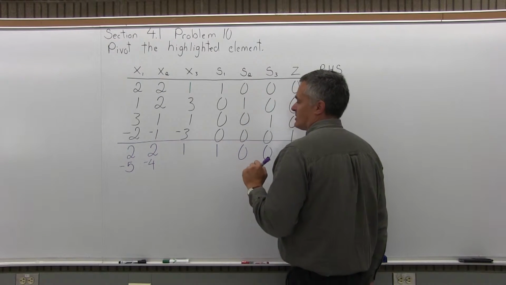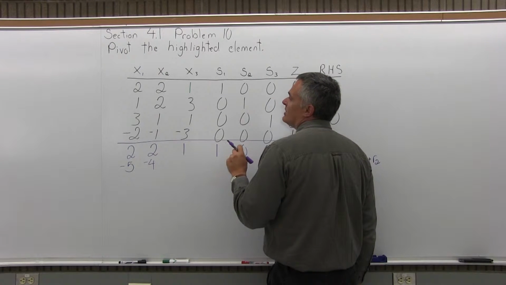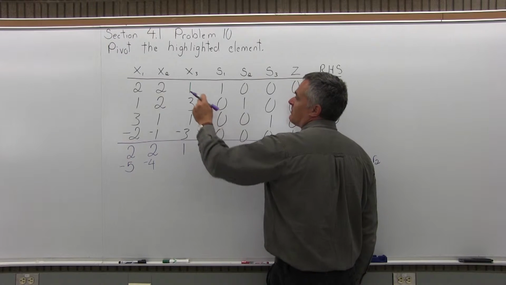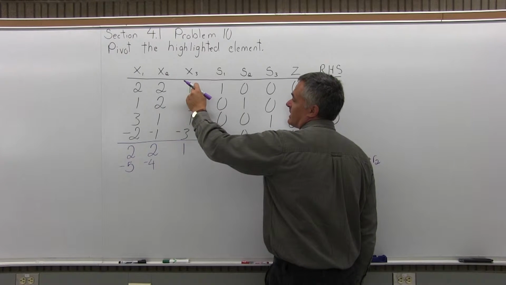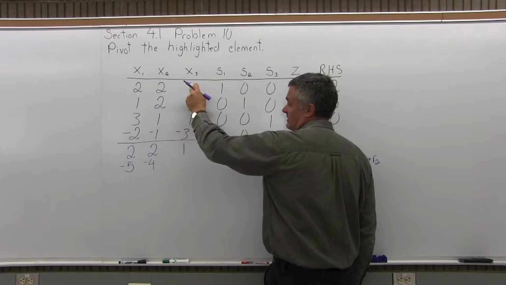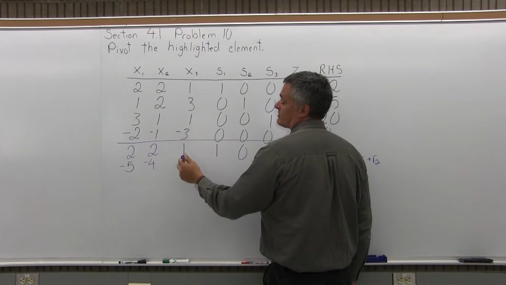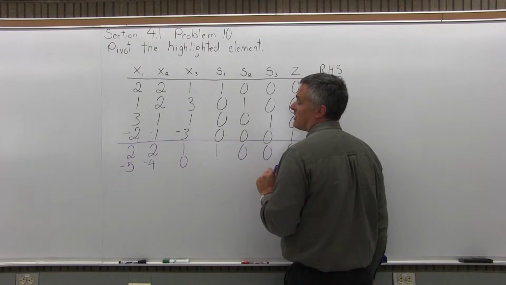The next position, -3 times 1 is -3, plus row 2's 3, so -3 plus 3 is 0.